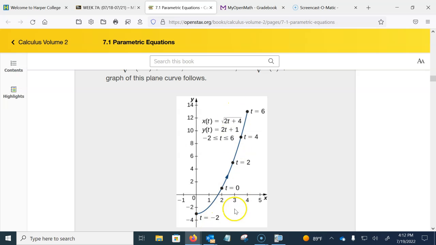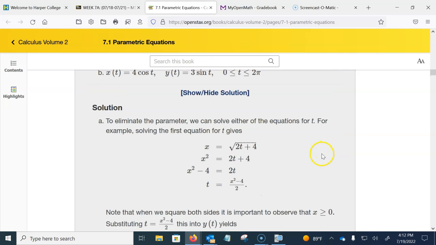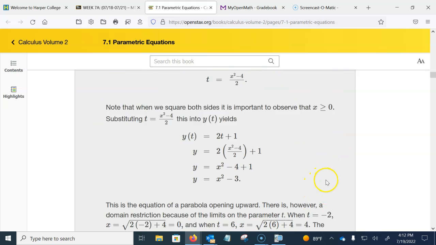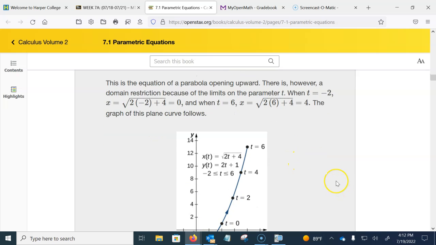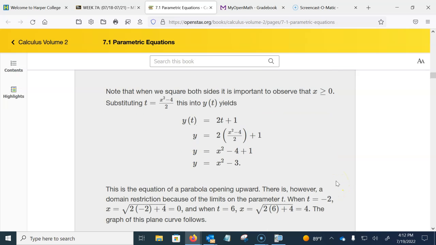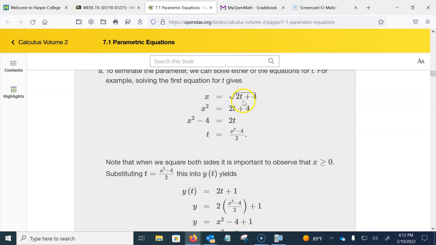It would be a parabola, but do be careful because we only have from t equals minus 2. That means x equals 0 to, what was the other last part of it? t to 6. When t equals 6, oh, here it is, right here. 2 times 6 is 12 plus 4 is 16.